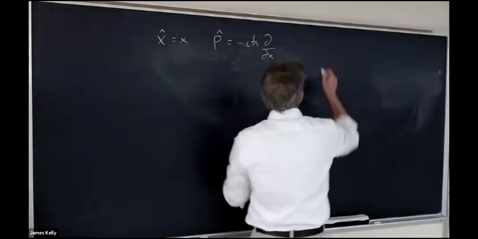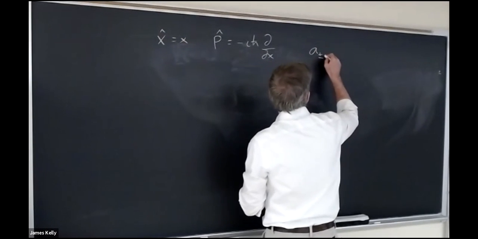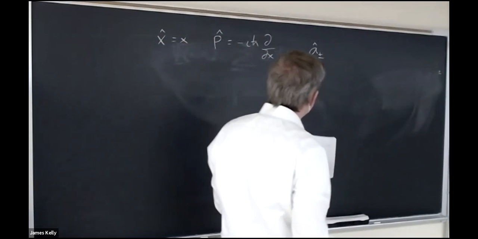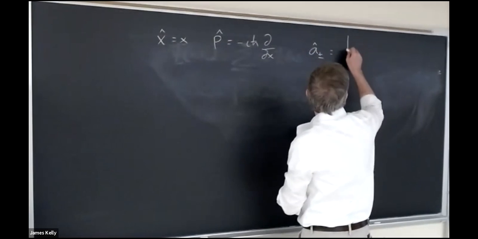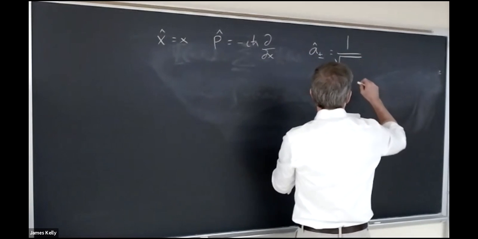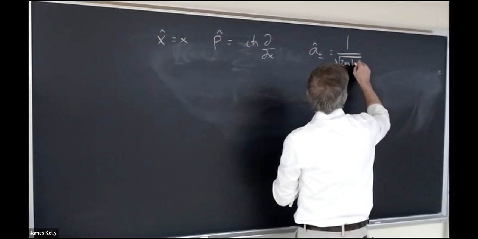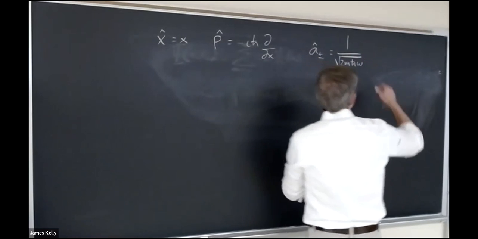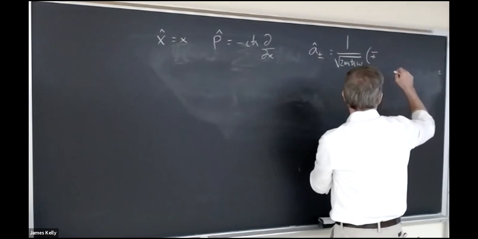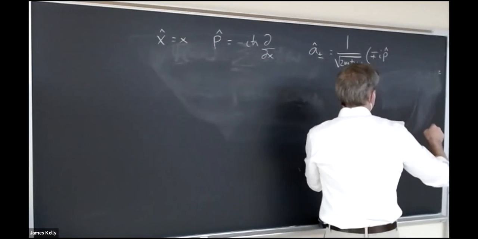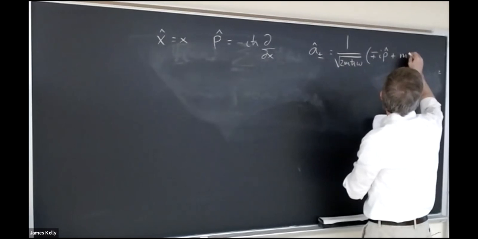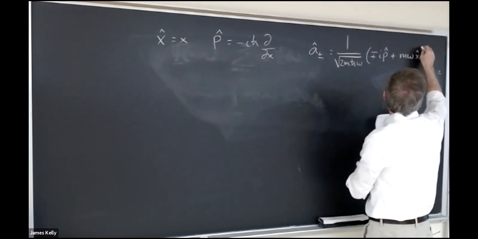And we define the raising and lowering operators. The plus is for raising and minus is for lowering. And they were defined as 1 over root 2m h bar omega times minus or plus i times the momentum operator plus m omega times the position operator.